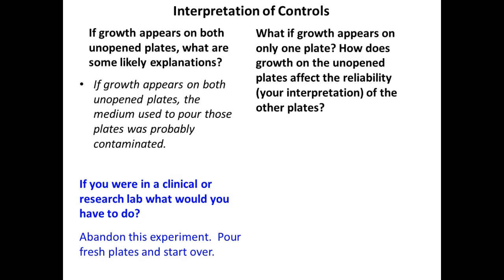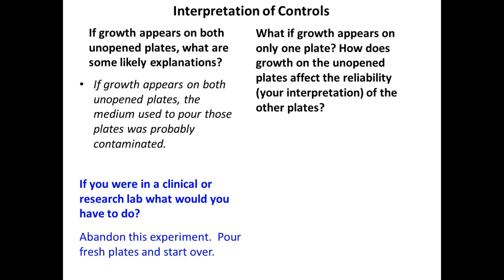So what if growth appears on only one plate? Where would that have happened and why? So it's probably not the whole batch of media that's bad, right? Could have been the preparation of that plate. Or remember what did I do when I was setting up those plates? What did I do for my controls that I didn't do for the other plates?